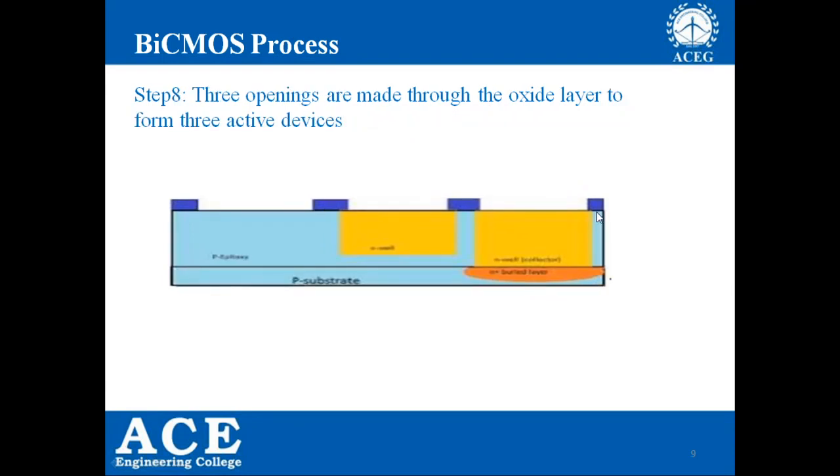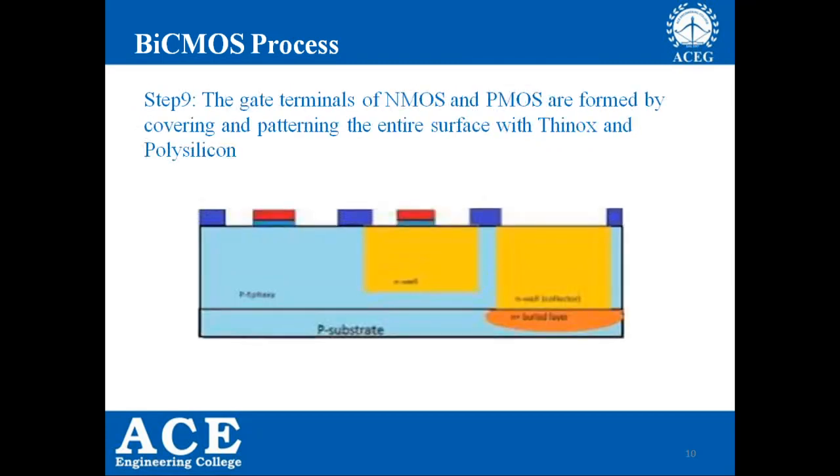Now we are selecting certain area to have the gate of NMOS transistor in the parent p-type substrate. Okay, and now we add a thin oxide layer in order to provide the insulation between the gate and substrate. After that we patterned the poly. After patterning of poly we got this substrate like this.